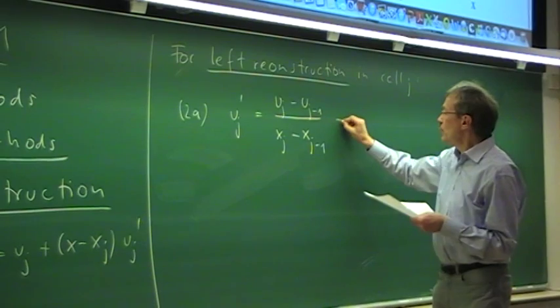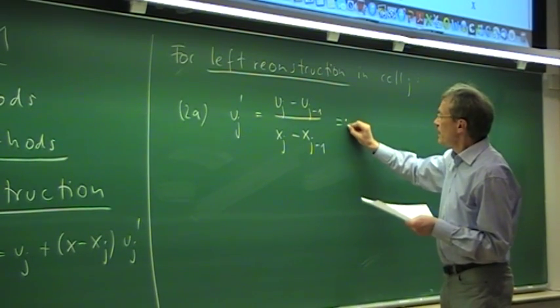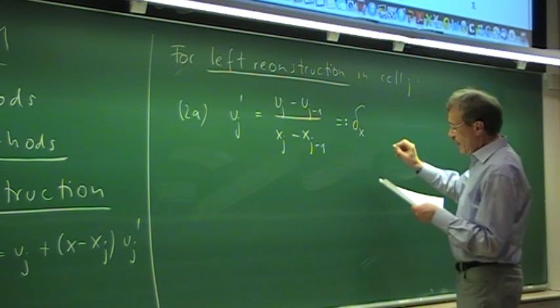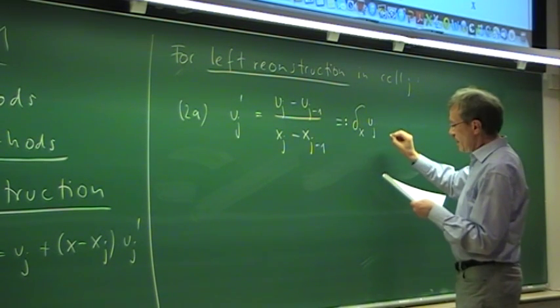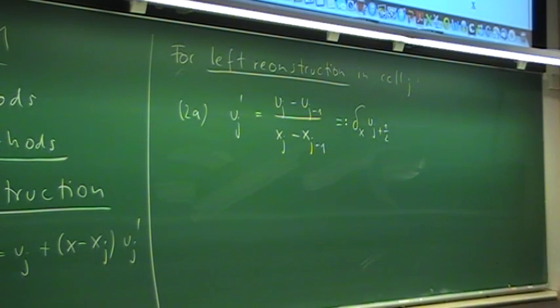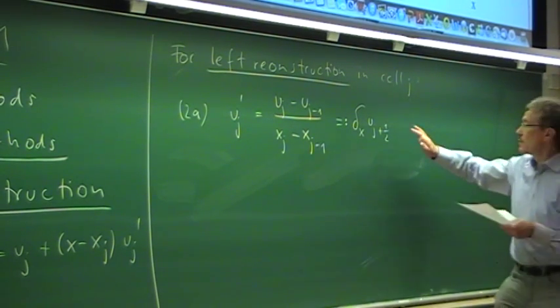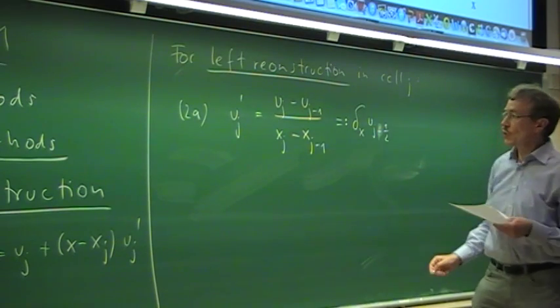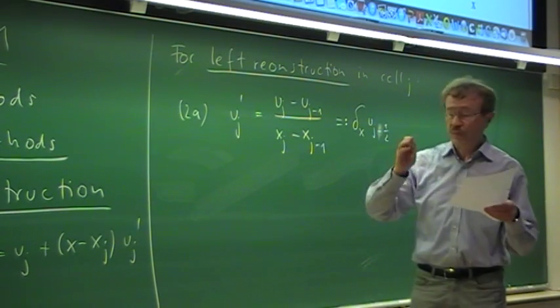And I denote this this way by these 2 points, by delta x uj plus 1/2. That is the definition, so to speak. Sorry, this is wrong, it is minus. So we take the value from the left.